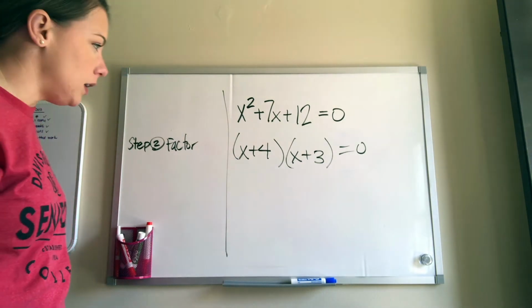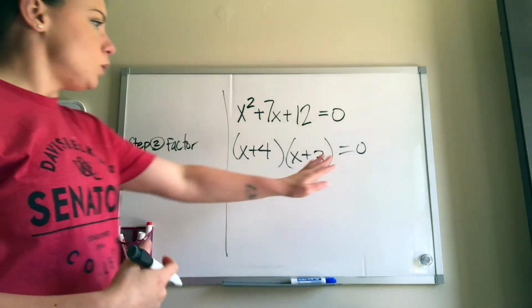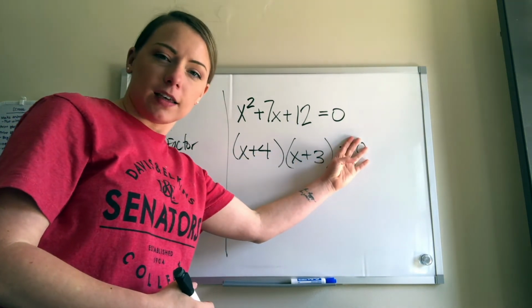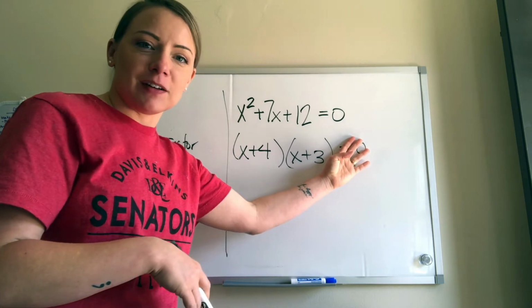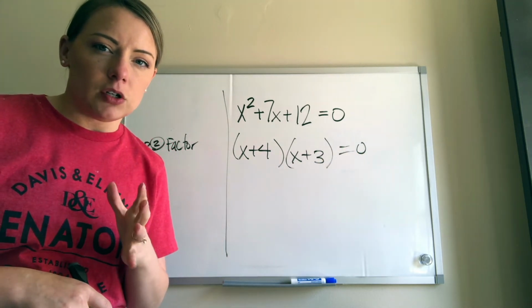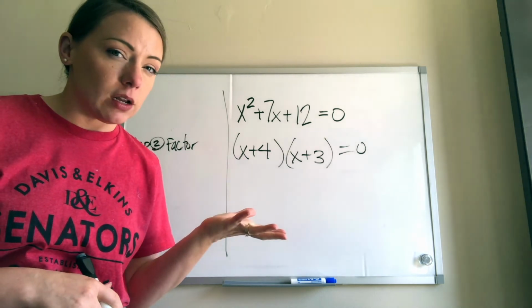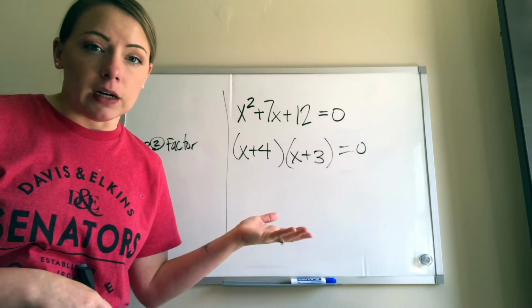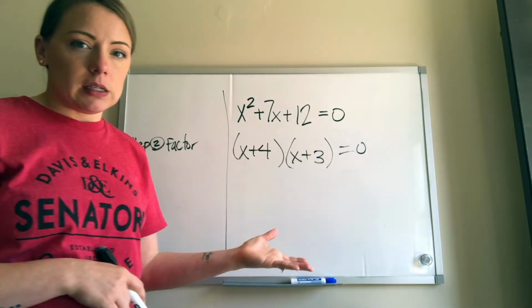So I factored it. And now, this is where you guys left off at the last chapter. But now, if I'm saying I want to solve a quadratic equation, I want you to think about this. If I solve an equation, that means I have some sort of solution. I have a value of my variable. You're going to do the same things here.